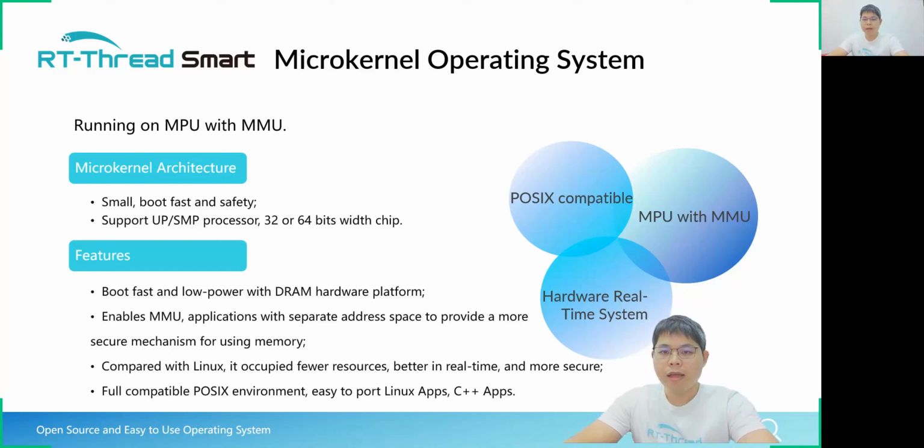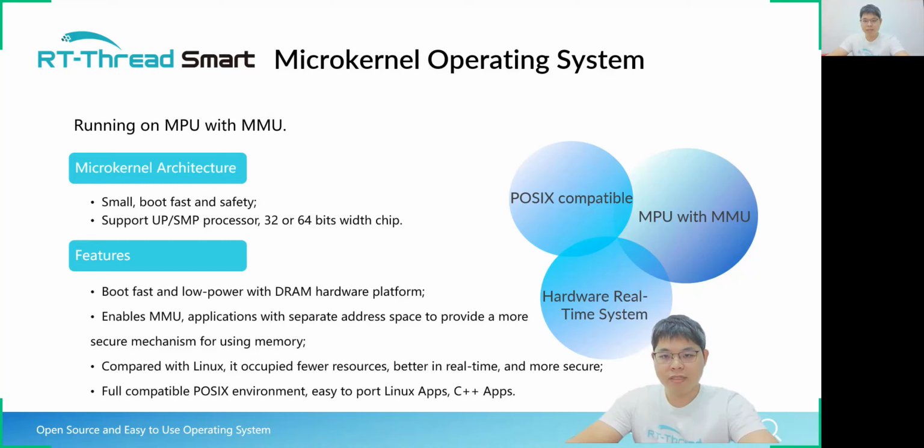Secondly, RTOS Smart boots faster and uses low power on the hardware platform, and enables MMU applications with separate address spaces to provide a more secure mechanism for using memory. So, in other words, RTOS Smart is safer.